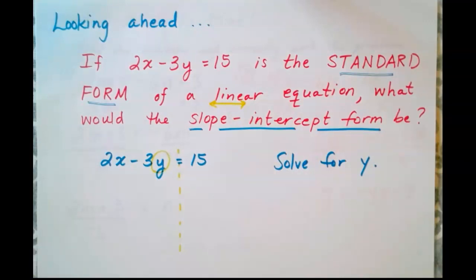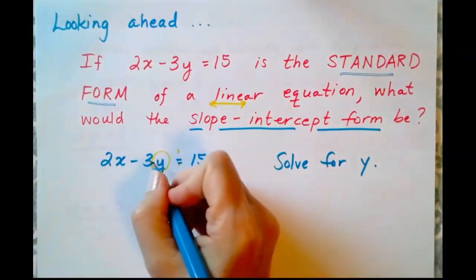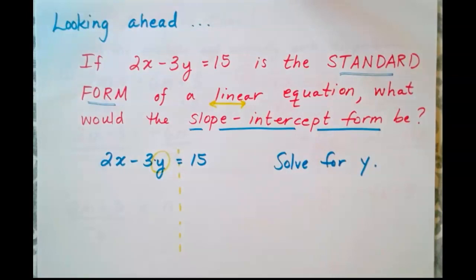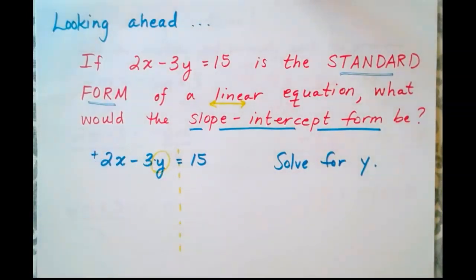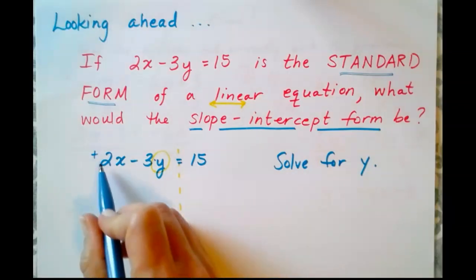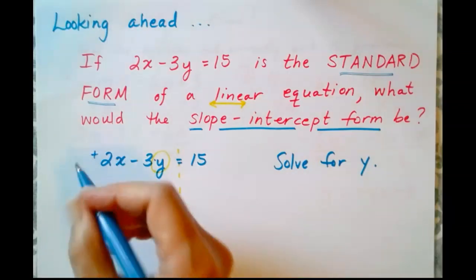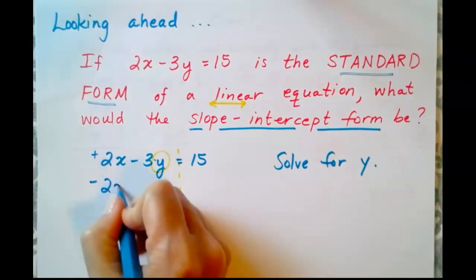Let's think about what has been done. That y has been multiplied by a negative 3, and it has a positive 2x added to it. Those are the two operations that we need to undo. So we're still using inverse operations, and the inverse of plus 2x is minus 2x.